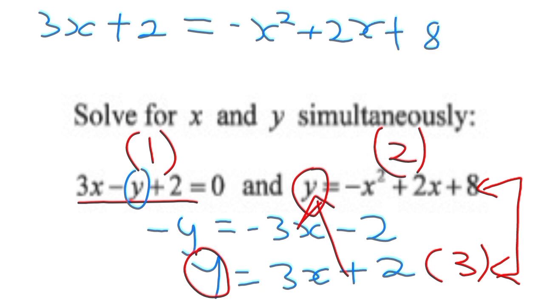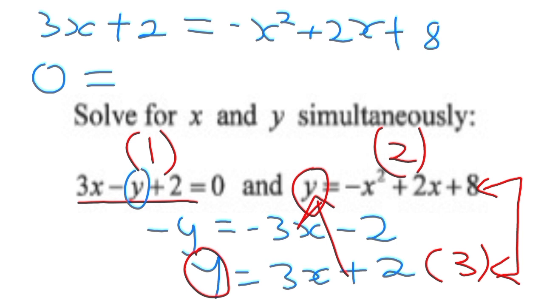Now we are aware that we have a quadratic equation. We just have to add the like terms there, good people, so that it will be in quadratic form. So let us do that. It's going to be 0 on the left hand side because we're going to take everything to the right hand side.